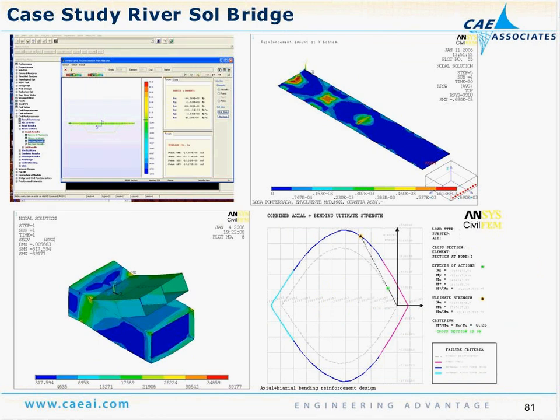The figure in the upper left-hand corner is just a GUI shot of taking the cross-section, showing the stresses and forces and moments in a section of the composite bridge section. For the concrete slab, it's modeled with, in this case, in the right-hand corner, a shell element section and showing the equivalent amount of reinforcing required on the bottom surface.